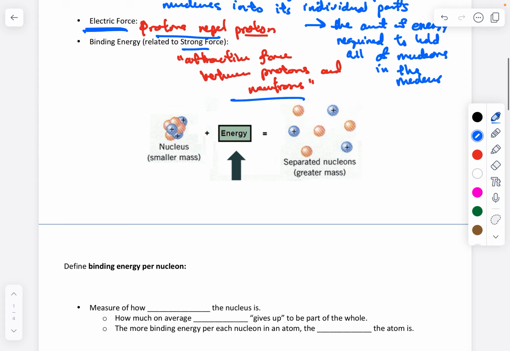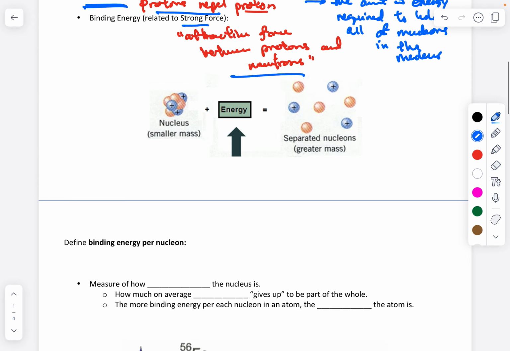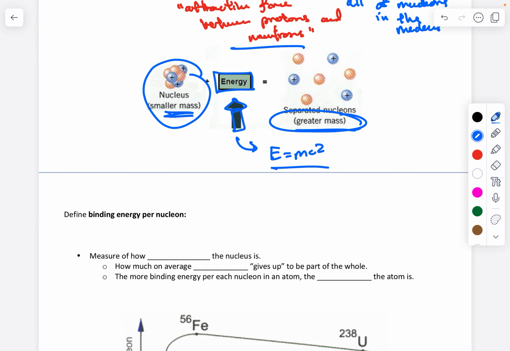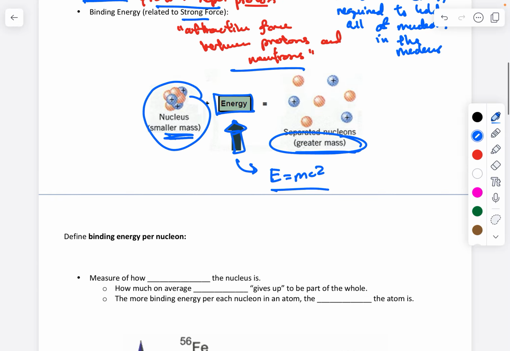If you look at it from an equation point of view, you have a nucleus which has a smaller mass, and you want to get a greater amount of mass. So you have to add in energy, which is the same thing as mass via this equation. Okay, so that's what the binding energy is. If you want to separate them, this energy that you need is called the binding energy.